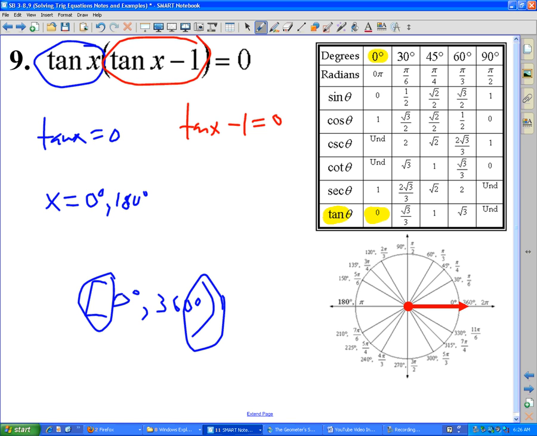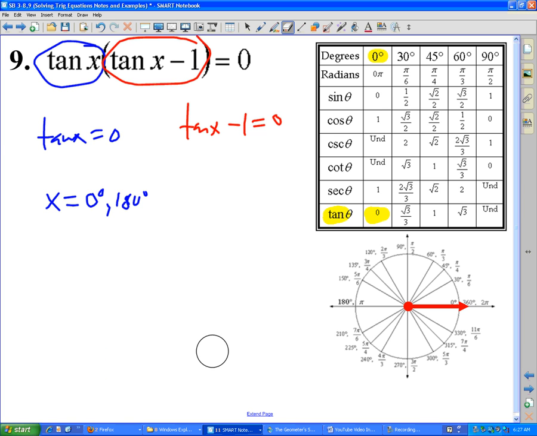That means we don't include it. We go up to 360, but we don't actually include 360. So this is greater than or equal to 0, and this is strictly less than 360. So really pay attention to your brackets so you know when to include numbers at the ends and when not to. So we do not include 360.